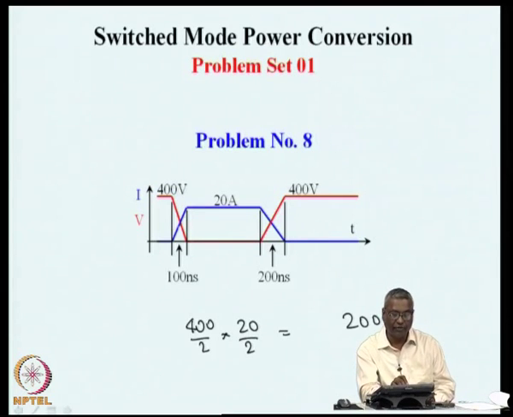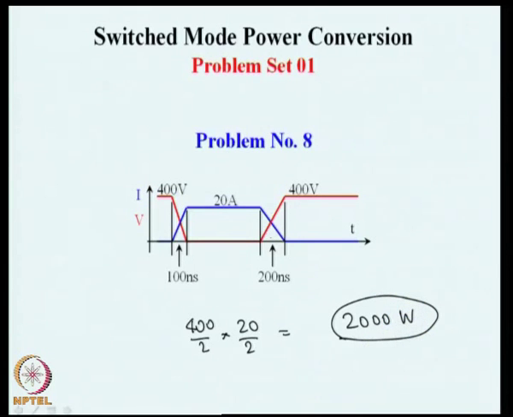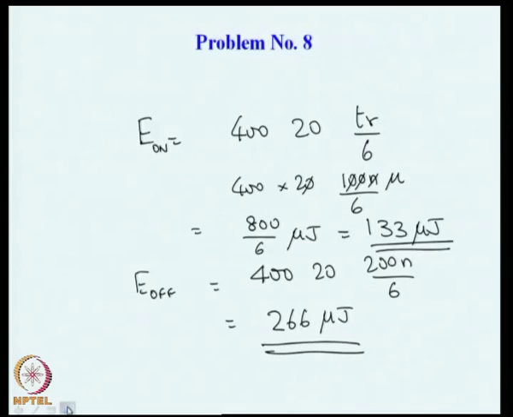This is the peak power dissipation. Both during on time and off time, it occurs exactly in the middle, and that is 2 kilowatt. But the energy dissipation is 133 microjoule during the on transition and 266 microjoule during the off transition.